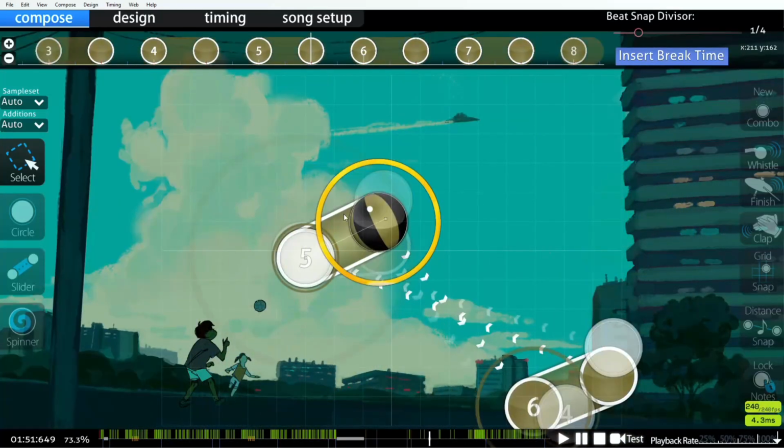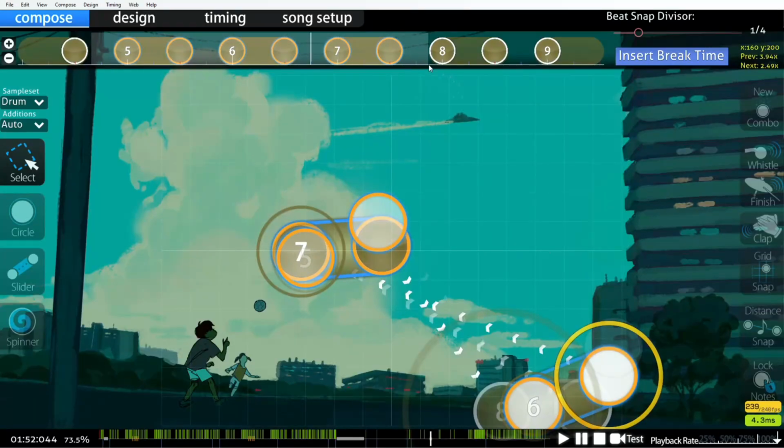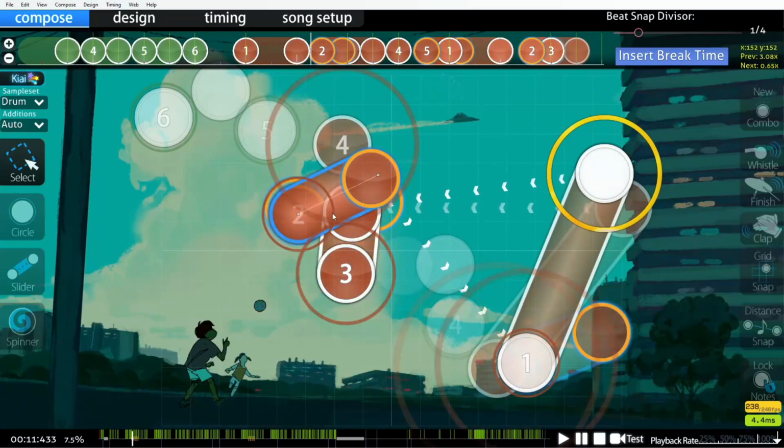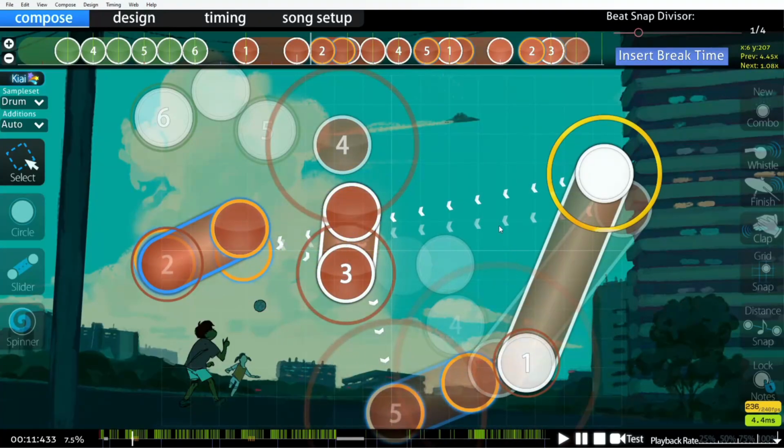If I were to copy this right now and paste it right here, it looks absolutely the same as this one, man. It's just more calm.